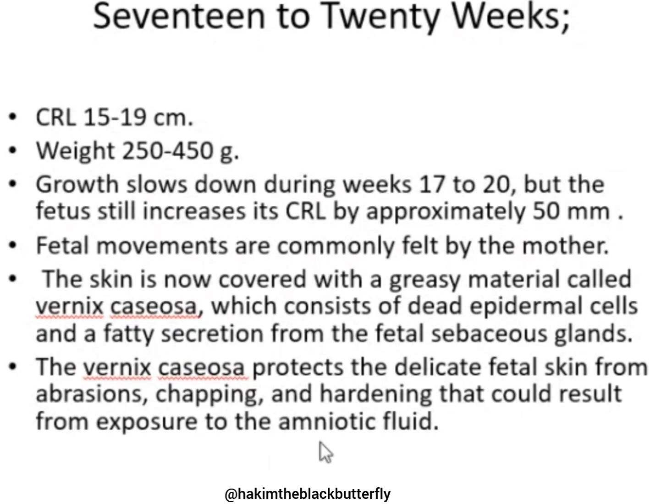The preliminary stages of formation of skin will also be taking place, because here we are going to see vernix caseosa. This is an oily secretion on the surface of the skin of the fetus from the sebaceous glands, and this is just showing us the primary stages of the formation of the skin.